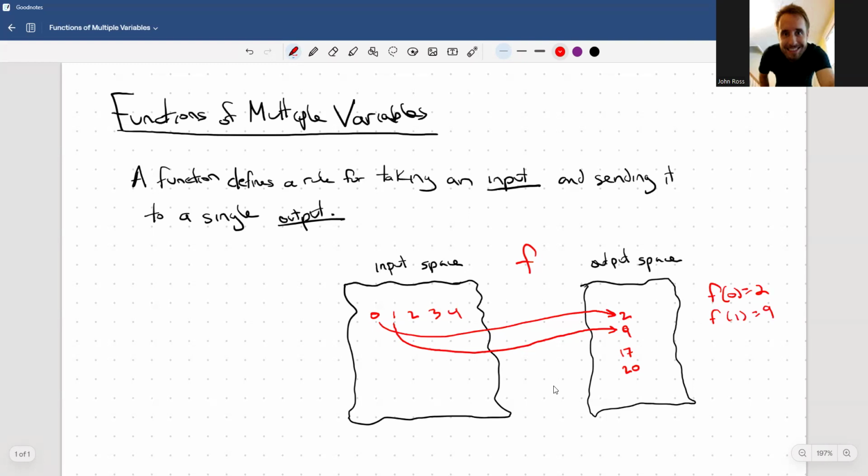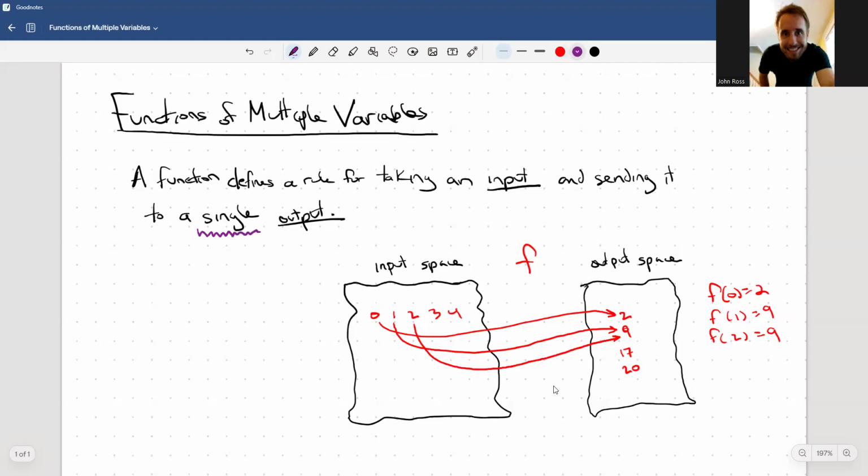Now notice the function is allowed to send multiple inputs to the same output. So the number 2, for example, could also go to the number 9, and then we could say f of 2 is equal to 9 as well. This is allowed. We can have multiple inputs going to the same output. However, we must ensure that each input is sent to a single output.